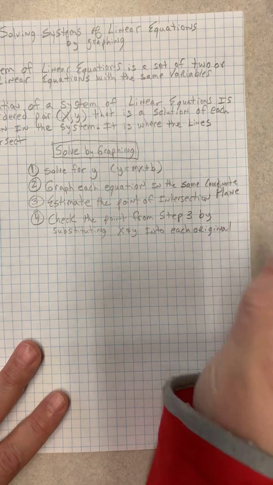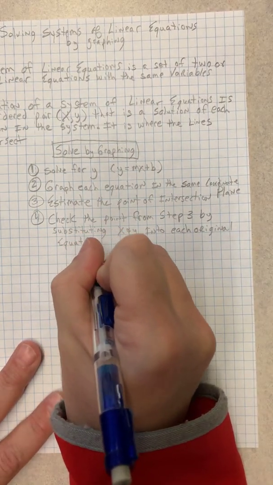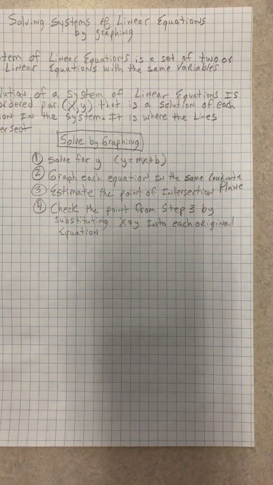So you're going to have to do it for both of them. We have to do it for both because in order to be a solution for both of them, it has to lie on both lines. And we just discussed, in order for it to lie on both lines, it has to intersect.